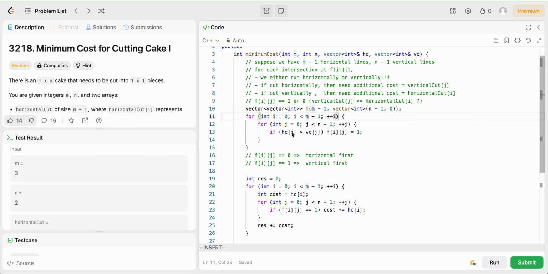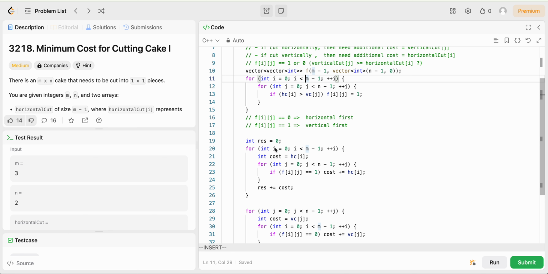If the horizontal cost at I is greater than the vertical cost of j, then Fij equals 1. Okay, so if it is 1, it means the horizontal cost is larger. We will do the vertical first. Okay, if it is 0, we'll do the horizontal first.